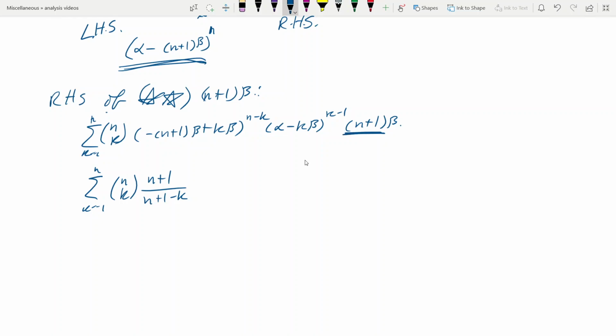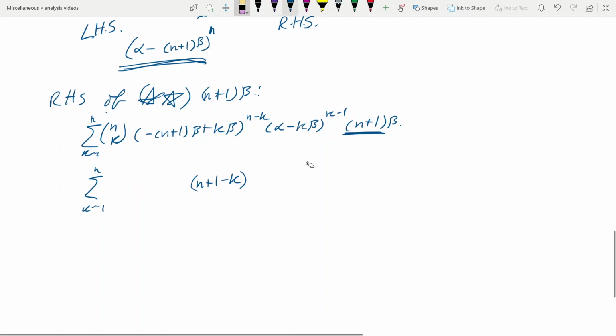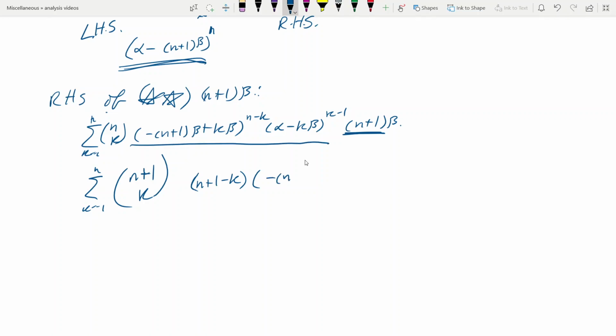We don't have an n plus 1 minus k, but we can always just introduce it and then make sure that we multiply it back to balance everything out. So we put that in, and this gives us n plus 1 choose k here. And I've introduced this, and now I'm just going to write the rest of it, all of this stuff.